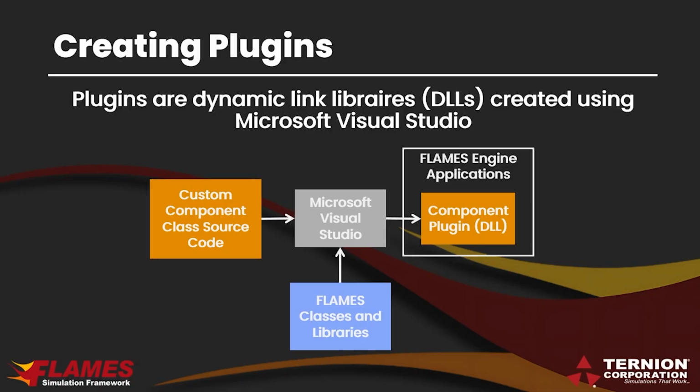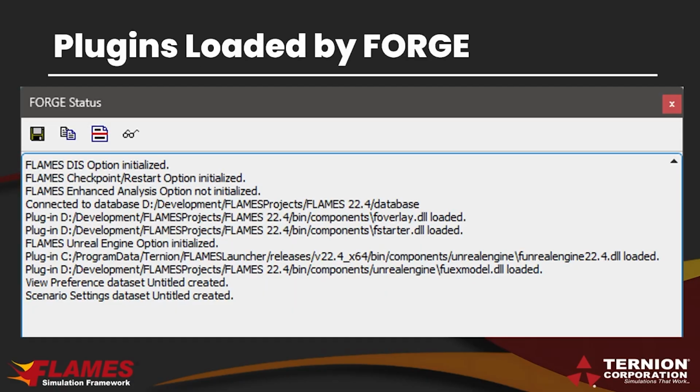So if you've used Forge before, and you've already used some of the components in the Flames store, and you've maybe gone through the user training classes, you'll notice that when Forge starts up, it opens up a status window. So here's just an example of a status window.